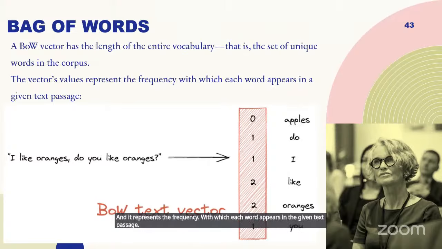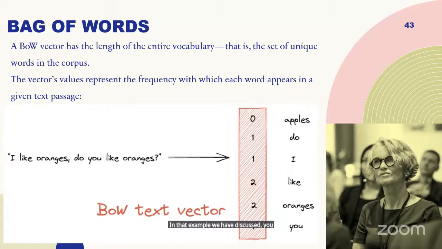That example we have discussed now. You can see this example. I like oranges. Do you like oranges? So you can see what all the repetitions are here. You have like and oranges. These are all the repetitions we have here.